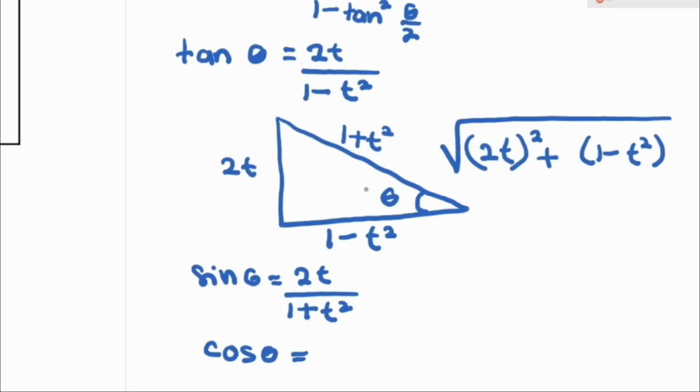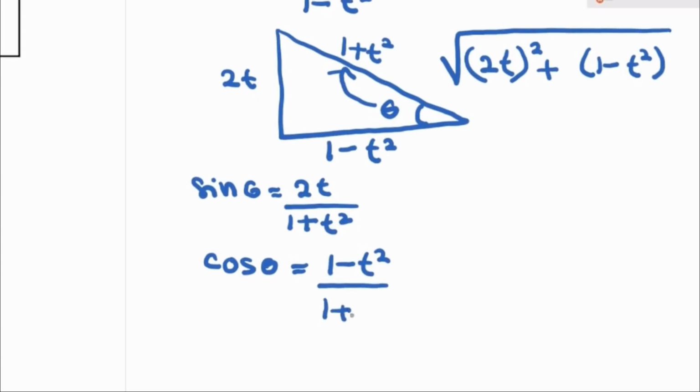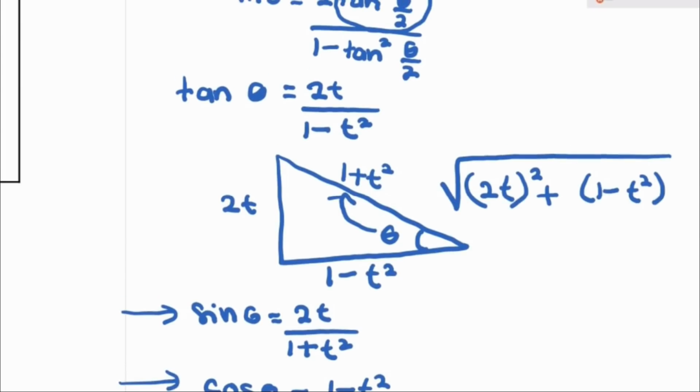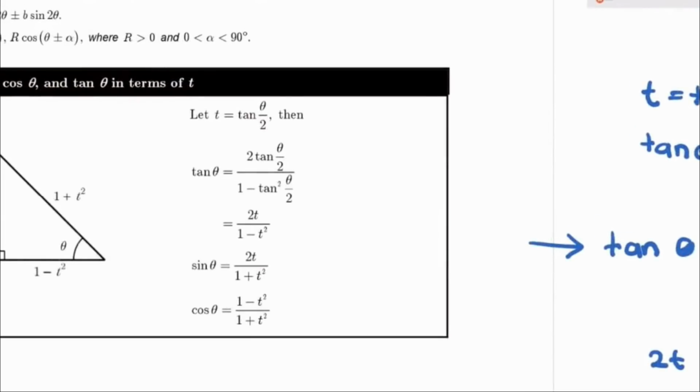So the adjacent here is 1 minus t square, over the hypotenuse, which is 1 plus t square. So now we have sin theta, cos theta and tangent theta in terms of t.